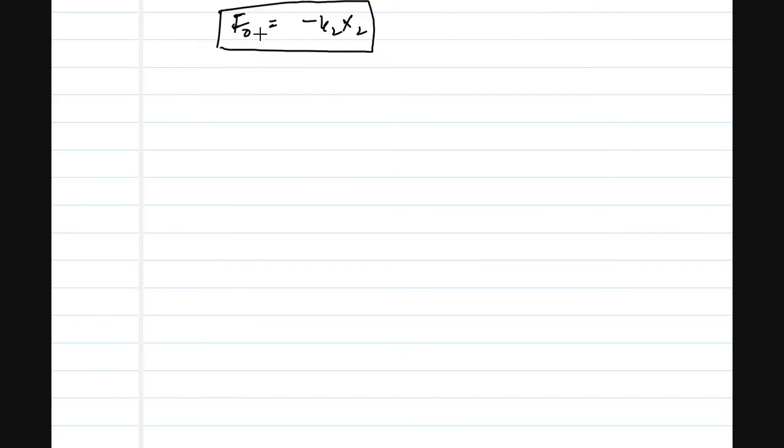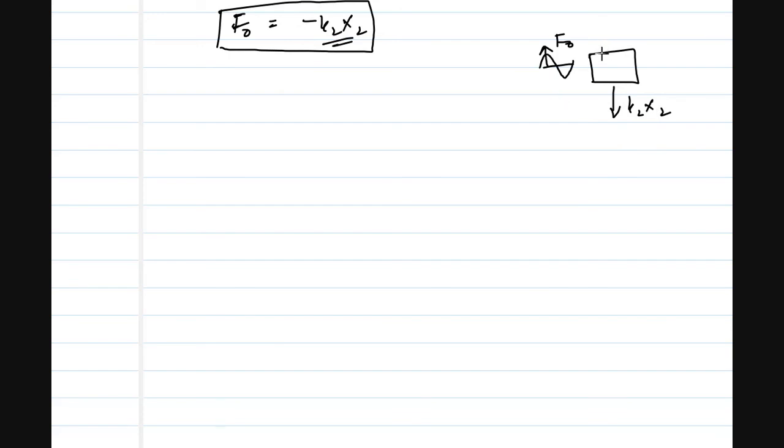Now what does this reveal? This reveals that the spring force from k2 and x2 is such that if the force on m1 is in the positive direction, then, in simple words, because f naught is a sinusoidal function, if f naught is positive upward, the spring force is downward because of the negative sign on k2 x2.